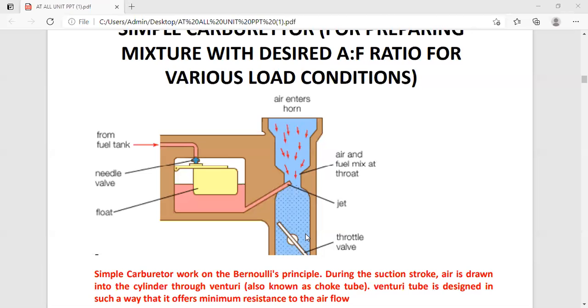And third one is, if speed is too low, as I have discussed, we get a lean mixture, which is not sufficient to ignite. Because you find that at the starting position we apply the choke. Why do we apply the choke?